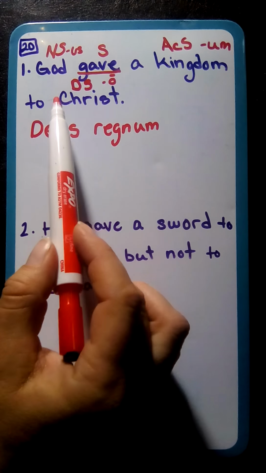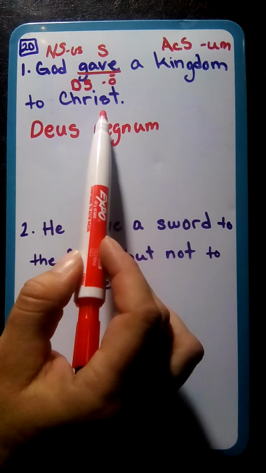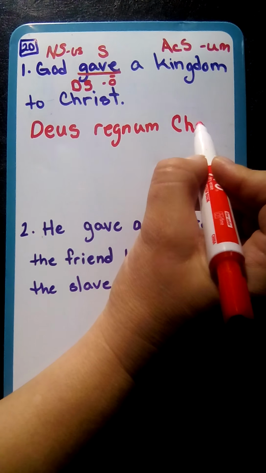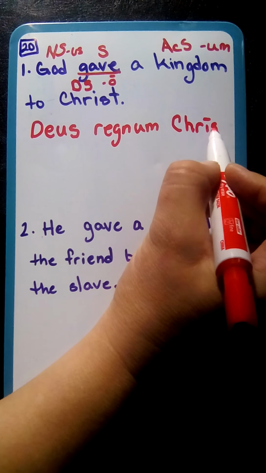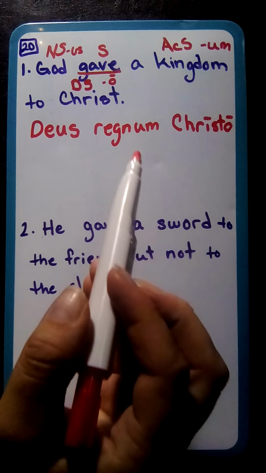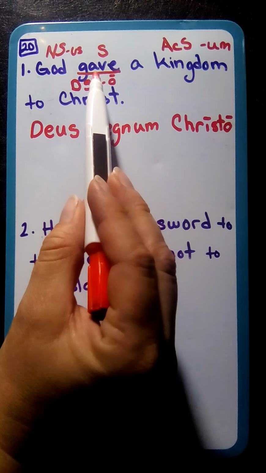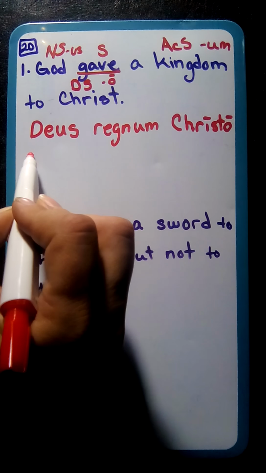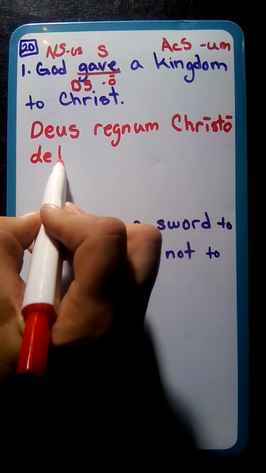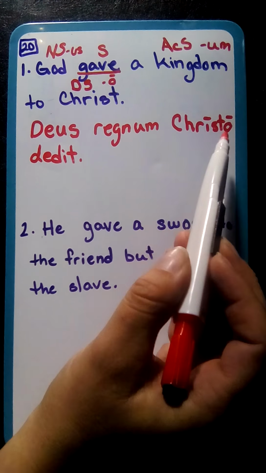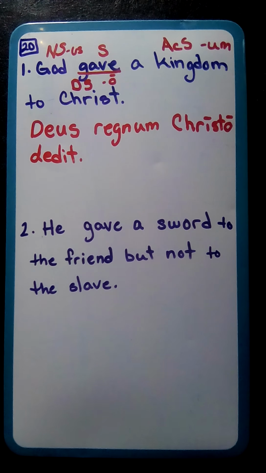Now to Christ, we have our dative singular Christ with the stem of C-H-R-I-S-T, Christo. And lastly, we can't forget about our verb. We don't want to leave that out. And gave is dedit when you're talking about the singular. So dedit. Deus regnum Christo dedit.